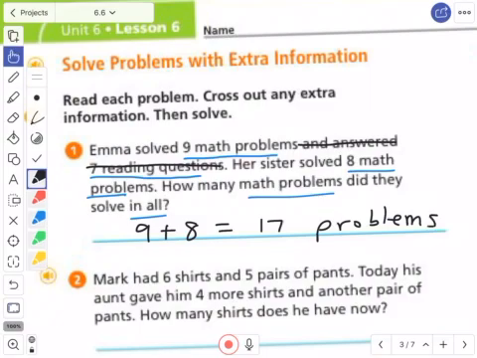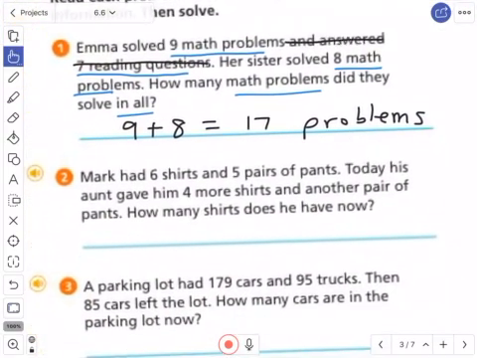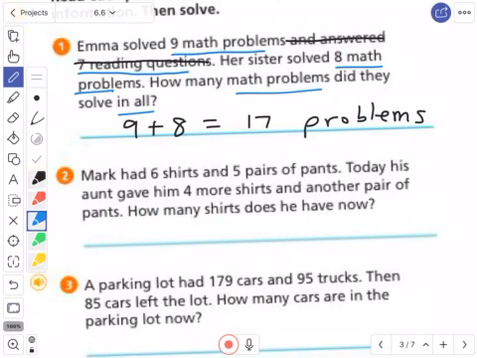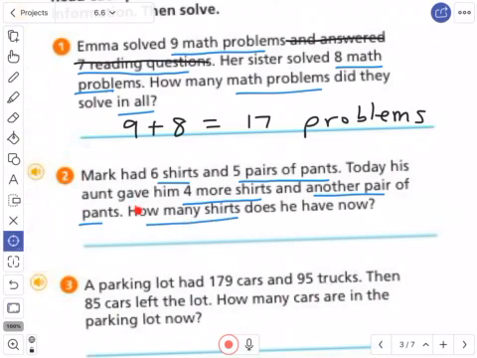And I'm going to show you one more here for an example. You can do more underlining. Mark has 6 shirts and 5 pairs of pants. Today his aunt gave him 4 more shirts and another pair of pants. How many shirts does he have now? Again, this question sentence is the most important.